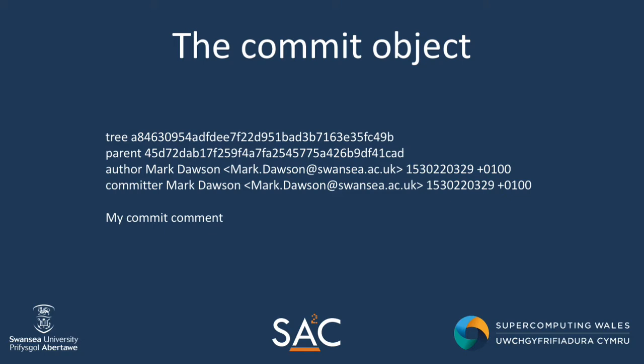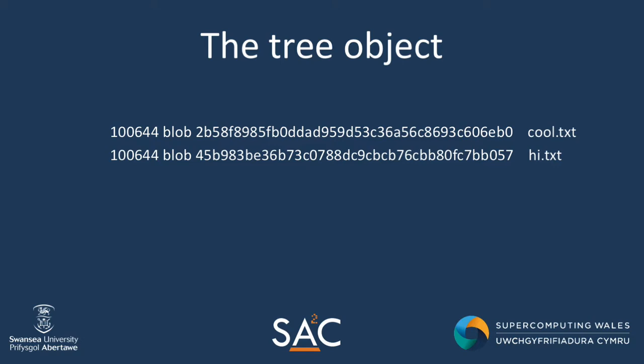From this, essentially we're using a SHA-1 hash based off this content. So if anything in here changes, the commit's going to change. The nice thing is that this is the tree object.